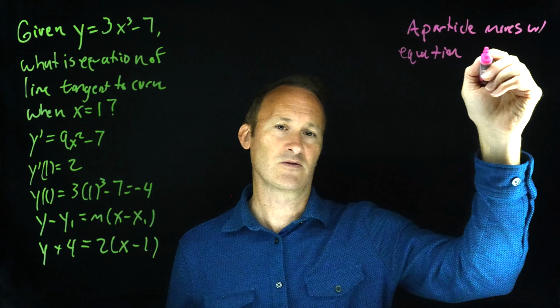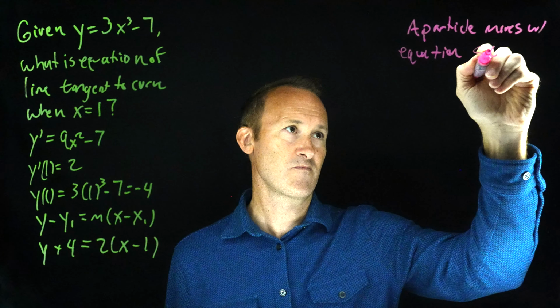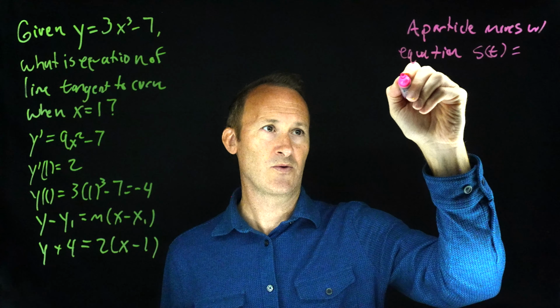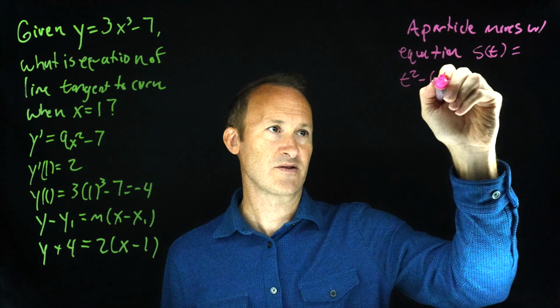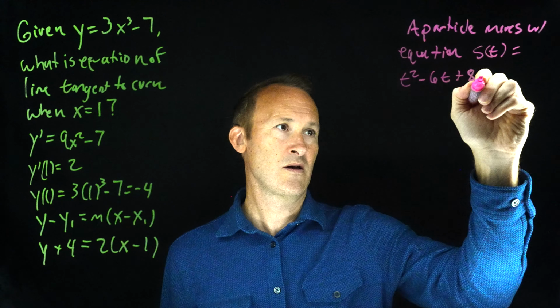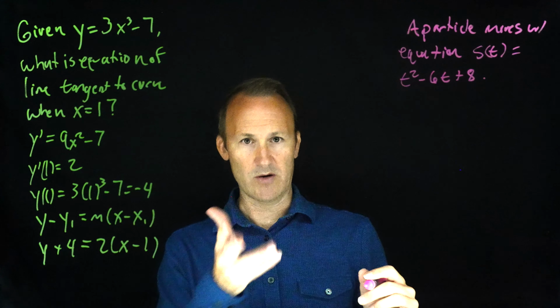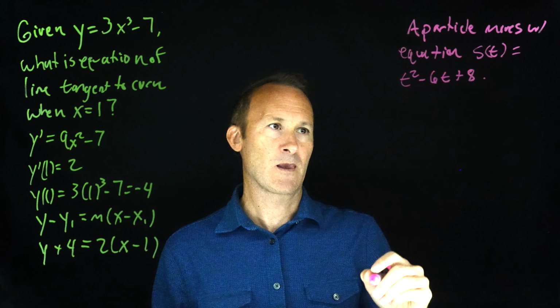And say, well, let's say s of t equals, and let's go with t squared minus 6t plus 8. And then you'll have a series of questions that go with problems like this.